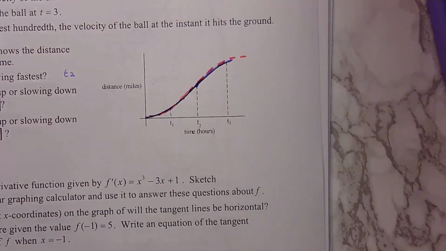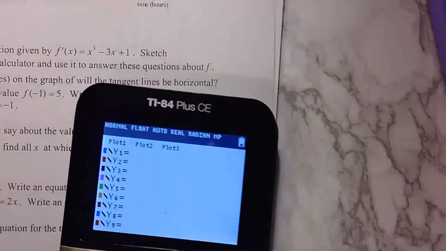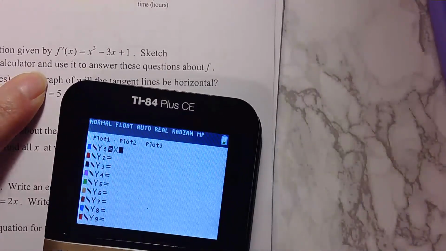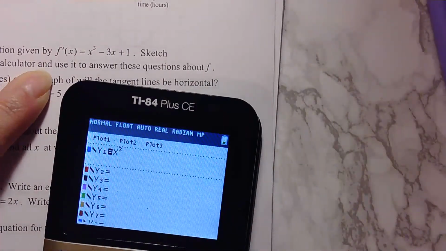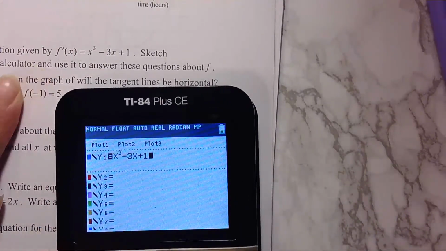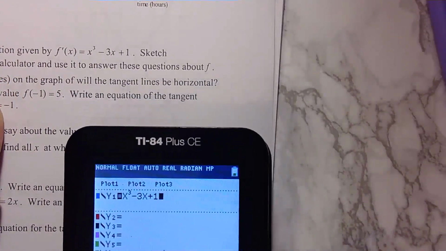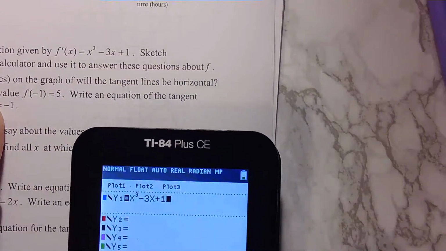In part 9, that's a pure calculator problem for you guys. So we have this derivative function. They're giving us the derivative, which is x cubed minus 3x plus 1. They want you to sketch it on your calculator and use it to answer the question.